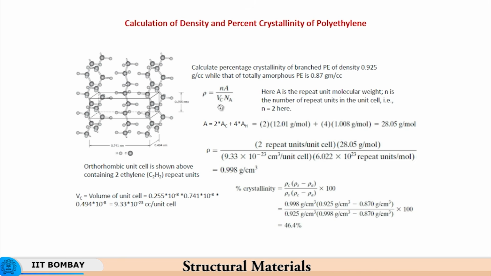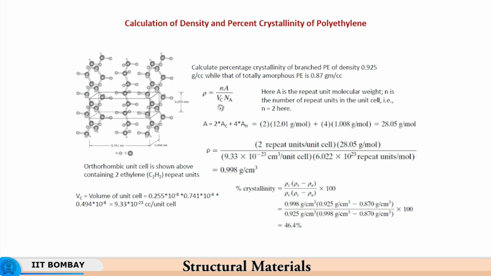Why is N equal to 2? That is because in the structure that is shown, you have two repeat units, and so A is equal to 2 into AC plus 4 into AH, right?